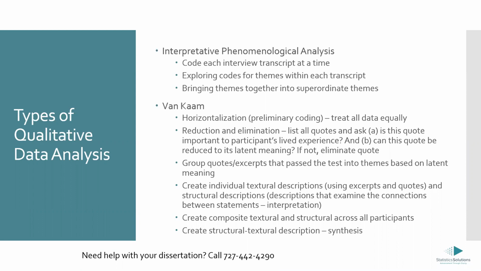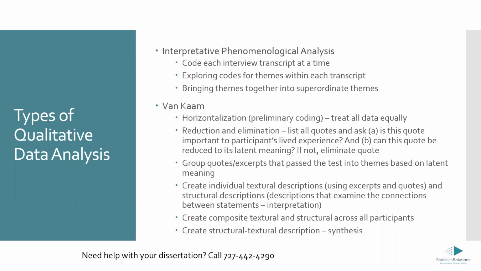Is this quote important to the participant's lived experience? And can this quote be reduced to its latent meaning or its essence? And if not, then you eliminate that quote. So you're reducing your data down to just the core. So you're left with these groups of quotes that have passed this test. And then those become the categories or the themes based on this shared meaning.